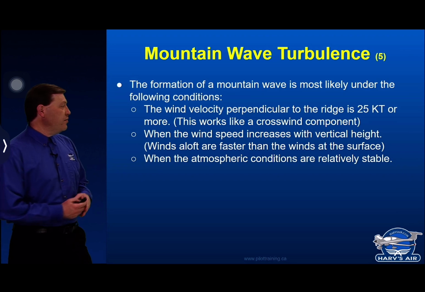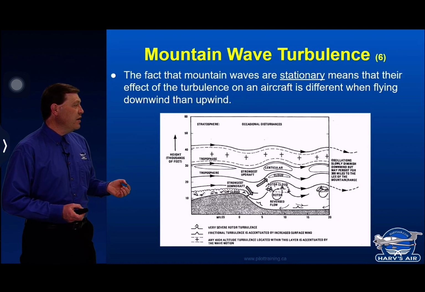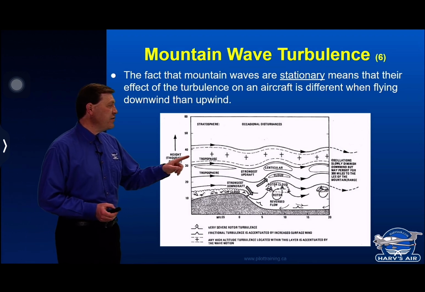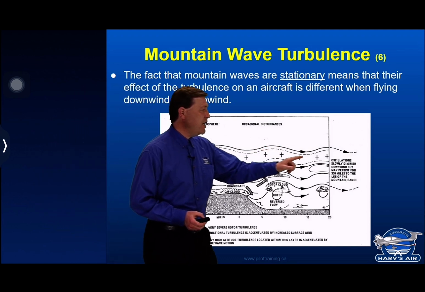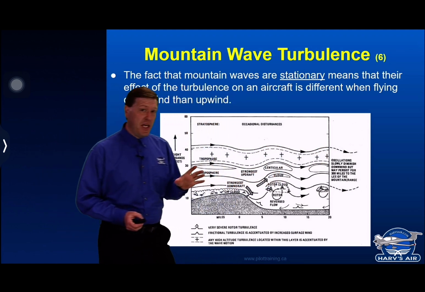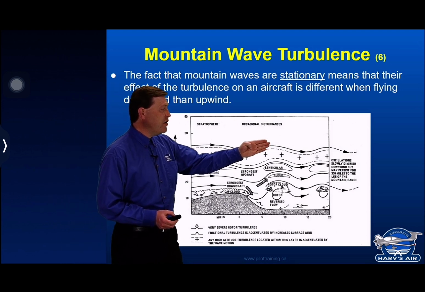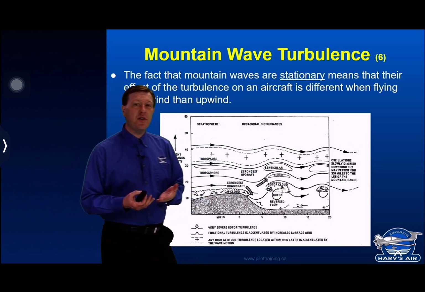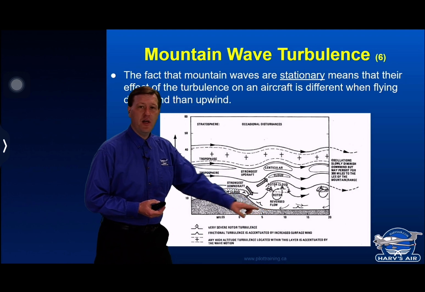All right, mountain wave turbulence, back on that slide. Now, overall, mountain waves are a little bit like this picture. They tend to be fairly stable. And what that means is the position of each wave crest and each wave trough doesn't really change all that much relative to the surface.